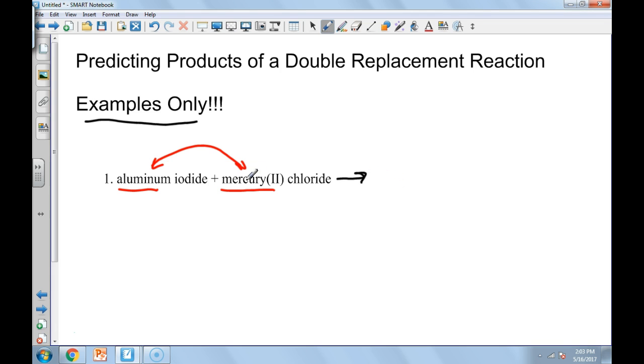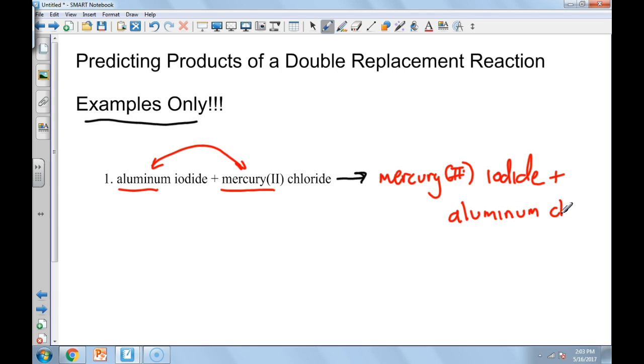It's going to be mercury 2 comes over here, mercury 2 iodide plus aluminum chloride.